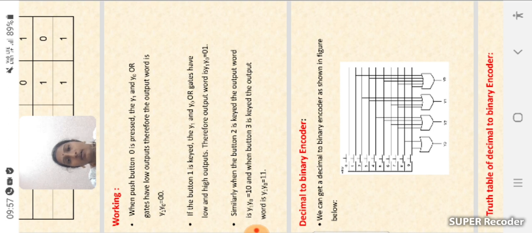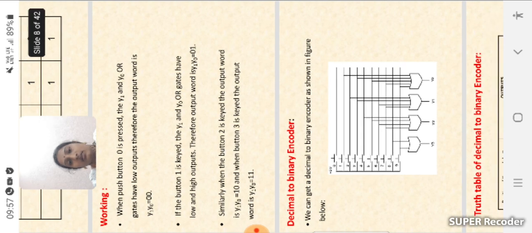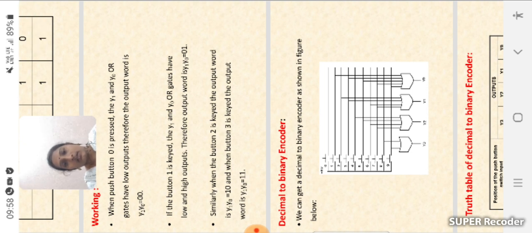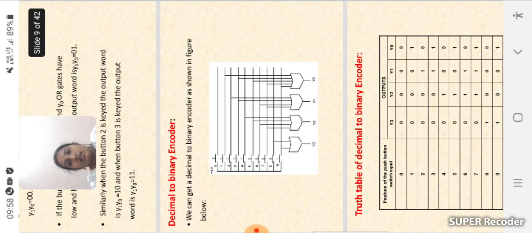Similarly, when button 2 is keyed, the output word Y1 Y0 is 1 0. And when button 3 is keyed, the output word Y1 Y0 is 1 1. Here the word pressed is replaced with keyed. Okay, and see the slide.